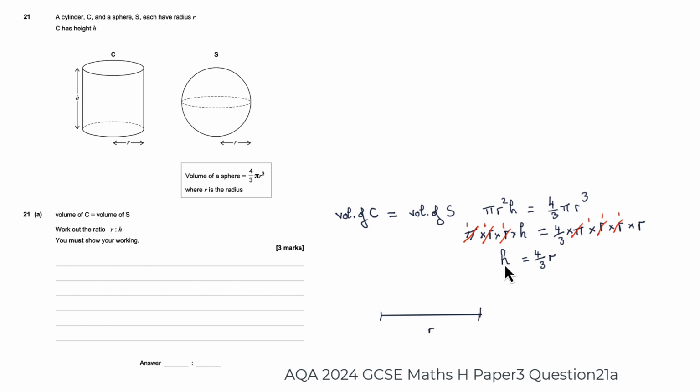Now, a line to represent the length of the height, this tells us it would be 4/3 the length of this line. Now 4/3 is 1 1/3, so it's going to be longer than this line by 1/3 of this line. So if we divide this line up into thirds, then a line representing the height would be that length plus 1/3 of that length.